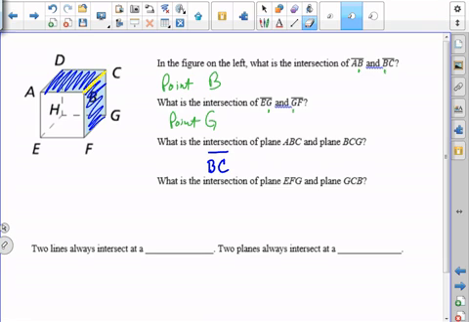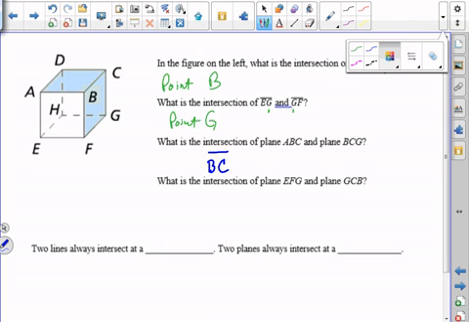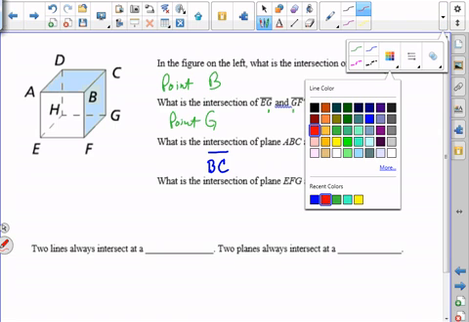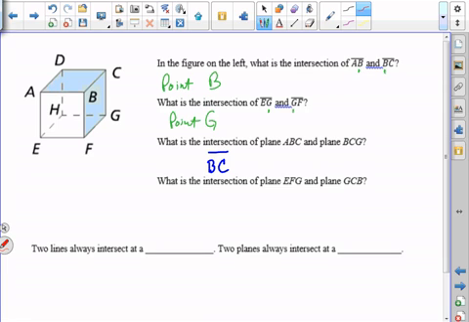And so the next one, let me try getting a clean slate here. All right, and we'll do red this time. So now we're looking at what is the intersection of EFG. Well, EFG is this face. That would be the plane that creates that face at the bottom.